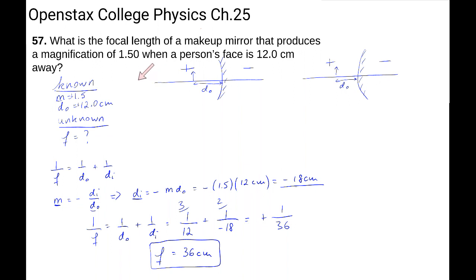And we get a positive value for the focal length, which means that the mirror we're using is concave. Had we gotten a negative value for the focal length, then we would have realized that the mirror was convex because the focal length is negative in a convex mirror.